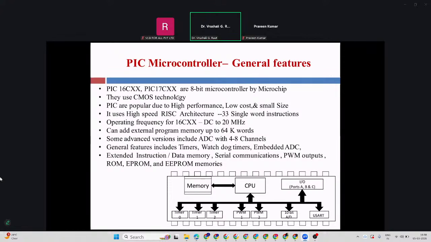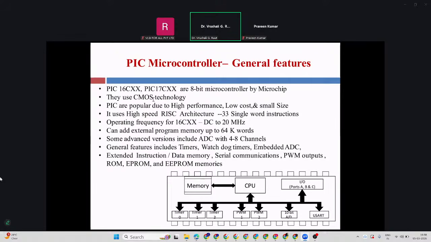MOS is the advanced technology which has been used for manufacturing microcontrollers. Even I would like to say that after transistor TTL technology or ECL, MOS is nowadays the developing technology. I'll not talk about MOS here. So CMOS is complementary metal oxide semiconductor technology.